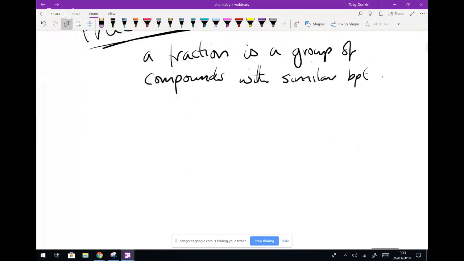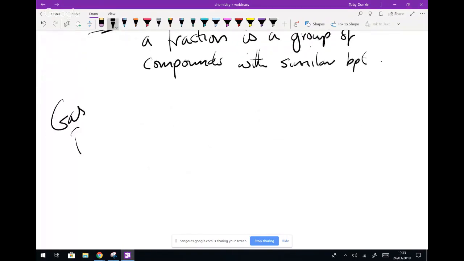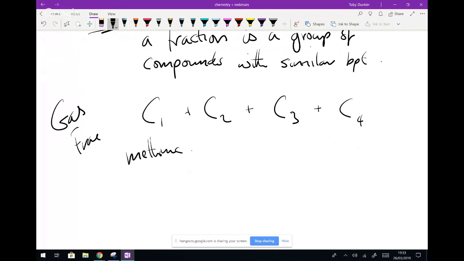This is why in the gas fraction you get C1, so methane, and C2 ethane, and C3 propane, and C4 butane. All of these are in the gas fraction.